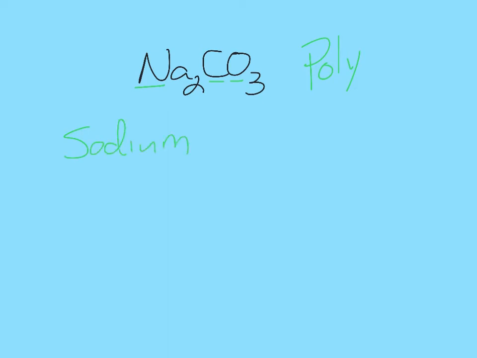Now C and O3, I want that whole thing together. Usually your polyatomic ions are at the end. There's only one that we really need to memorize that would ever be first in our compound. So we have sodium, CO3. I go to my common polyatomic chart and I can see CO3 is carbonate.